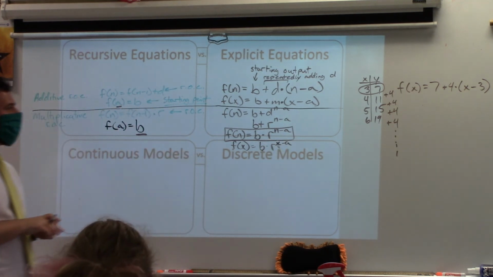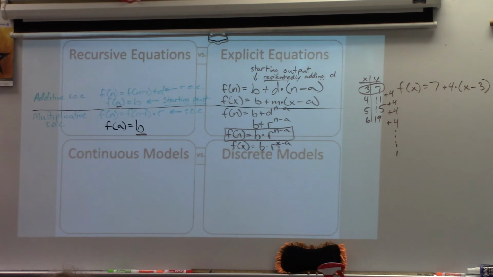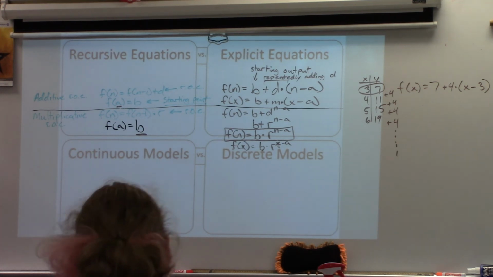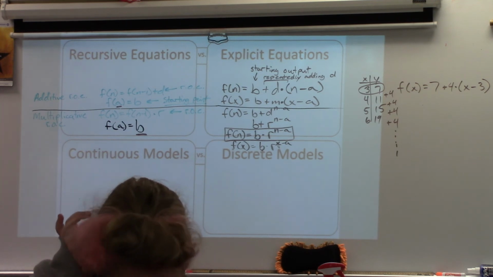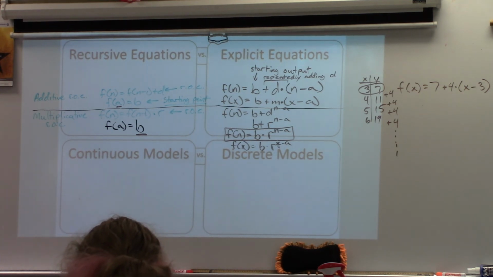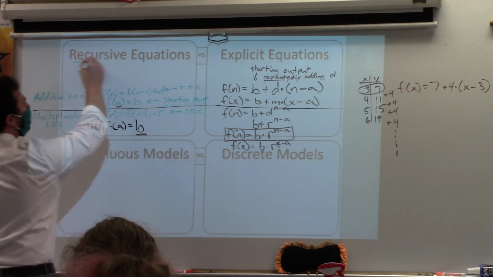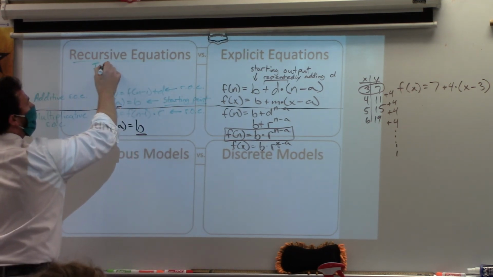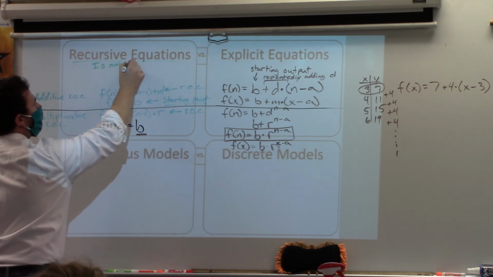One thing I do want you to remember, we're going to stop here because the bell will catch us in a minute. An explicit equation can be used for both continuous and discrete models, but a recursive can only be used for one of them. Which one can a recursive be used for? We said this. A recursive equation is only for discrete.